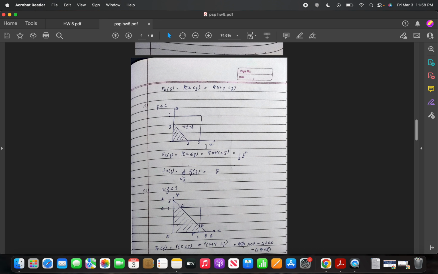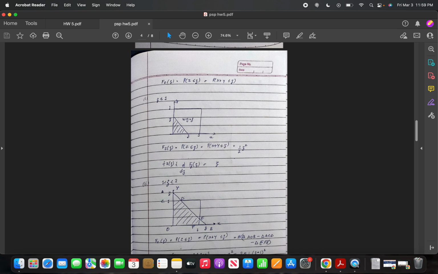In that case, our x graph will look like this. So if we plot x plus y equals Z, it will look somewhat like this, because we are considering Z to be less than or equal to 1. So now to find the CDF of Z, which is probability of big Z less than or equal to small z, is equal to probability of x plus y less than or equal to Z, which is equal to the area of this shaded triangle, which is half Z square.